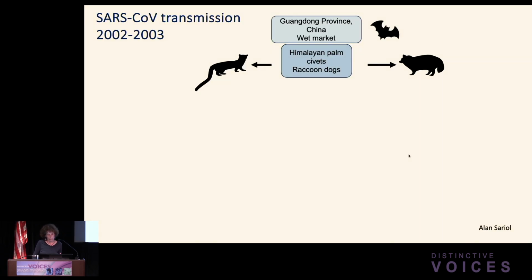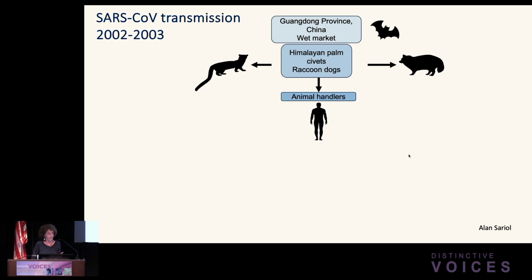What it's thought happened is that in a market in southern China, Guangdong province, there were the animals, the palm civet and raccoon dog, that were somehow infected with SARS from a bat, most likely before they came to the market, and then once in the market, it spread to a human.